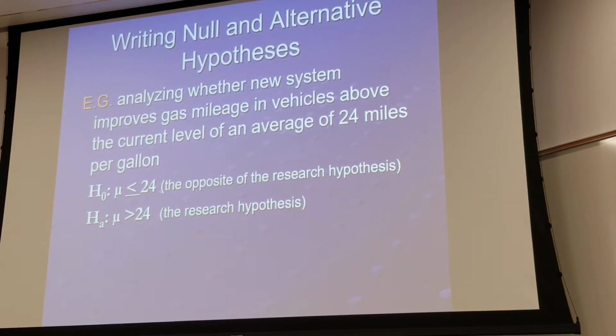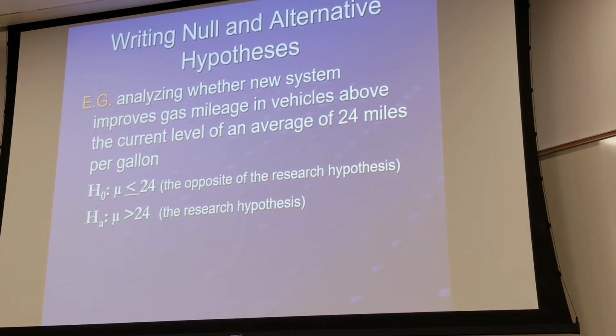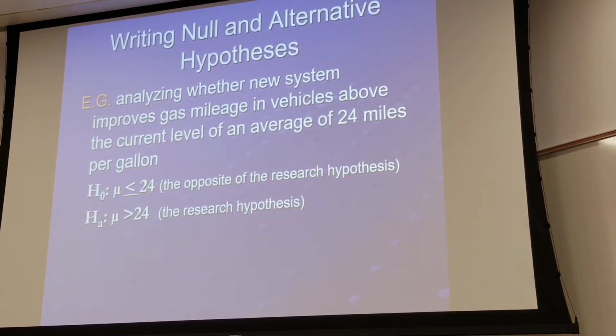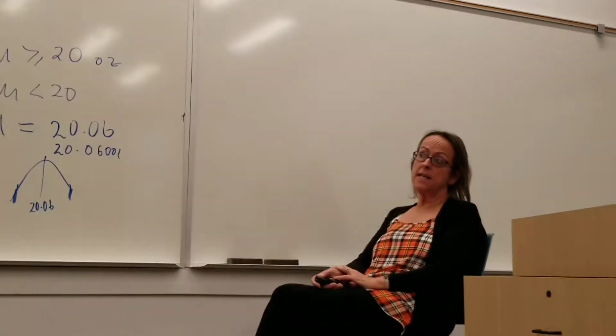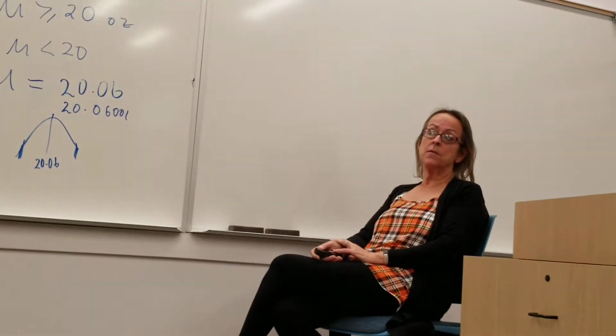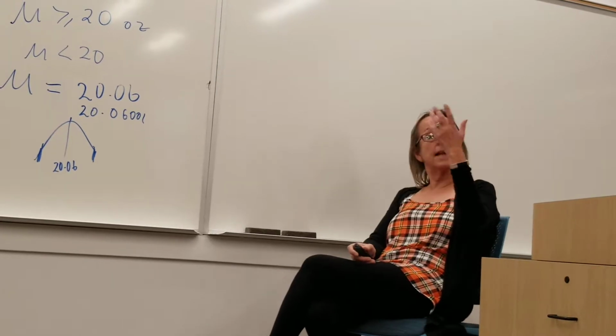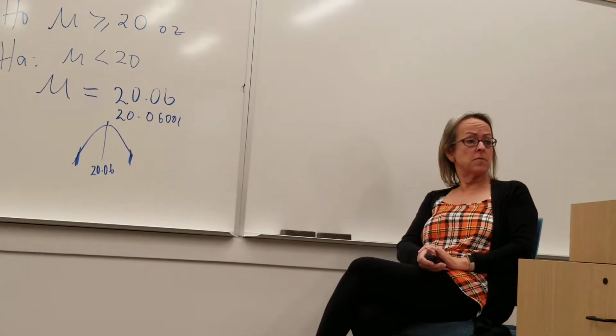Because if I reject the null hypothesis, I have to think the alternative is true, right? I think mu is greater than 24, then I do get better gas mileage.